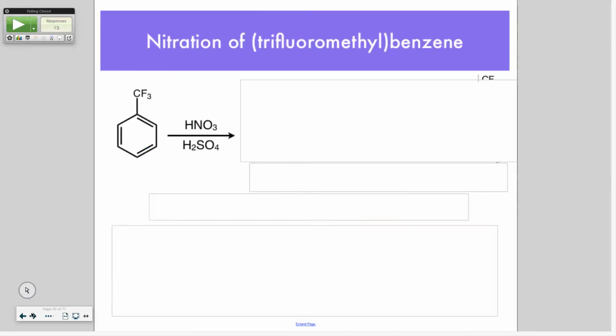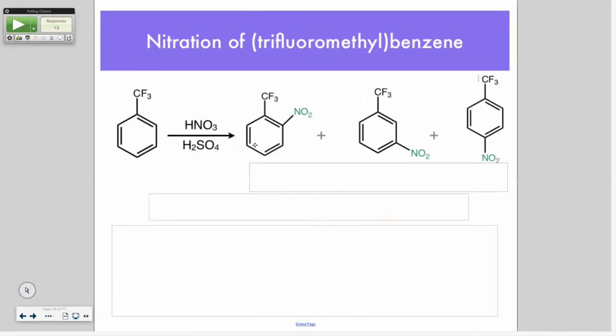And speaking of CF3, okay, here's CF3. We're going to add HNO3 and H2SO4. Okay. Now here are our three possibilities. Okay, ortho, meta, and para, and look what happens. The meta one is formed 91% of the time. The ortho and para are really low.